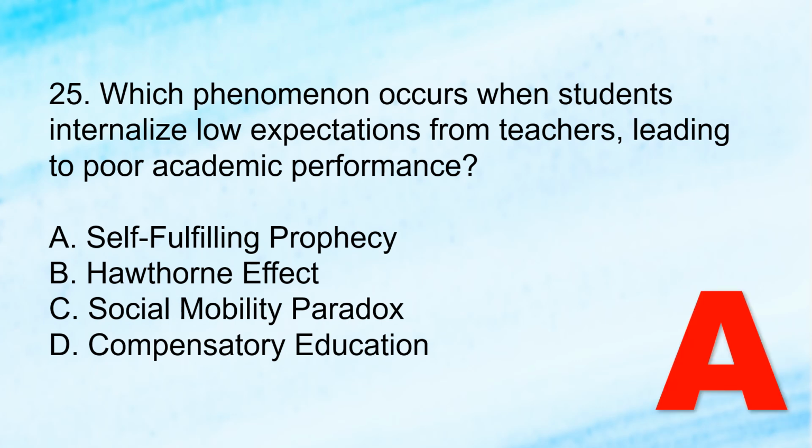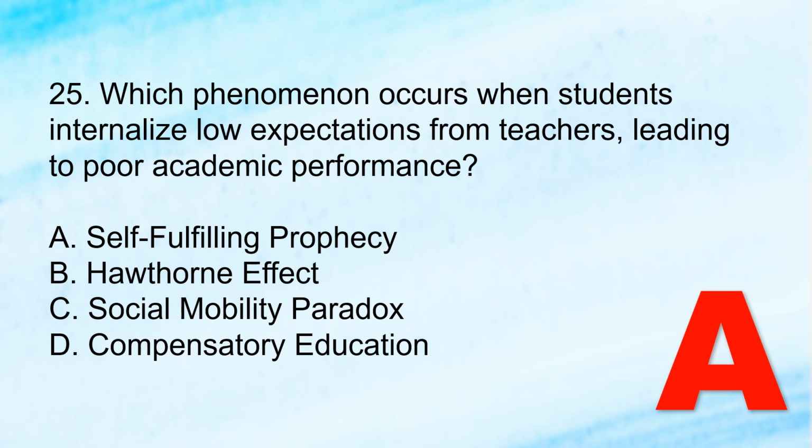Alright, the best answer is letter A. Why is it letter A? Because the self-fulfilling prophecy by Rosenthal and Jacobson describes how low expectations lead to lower achievement. Alright, so that is the correct answer. Let's discuss Hawthorne effect.